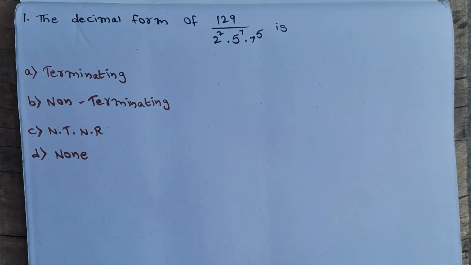Okay, the first question is: the decimal form of 129 by 2 square into 5 power 7 into 7 power 5 is: option A, terminating; option B, non-terminating; option C, non-terminating non-repeating; option D, none of the above. So how will we decide whether a given p by q form is terminating or non-terminating repeating?